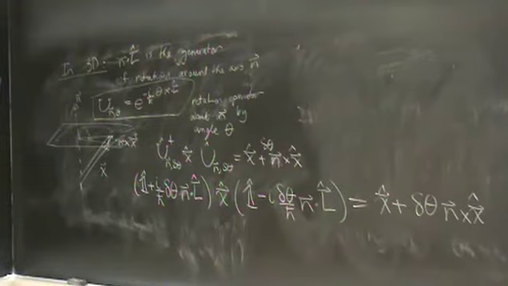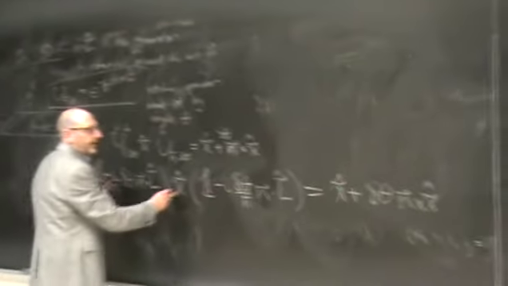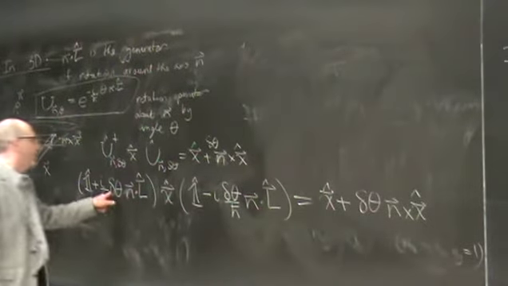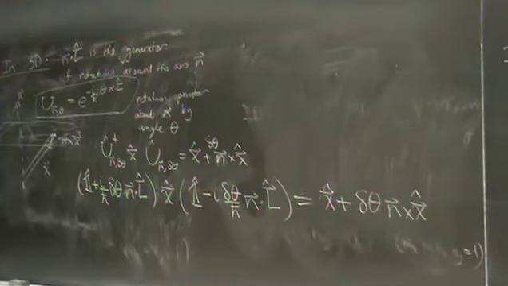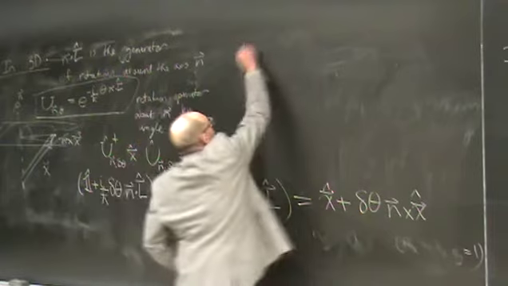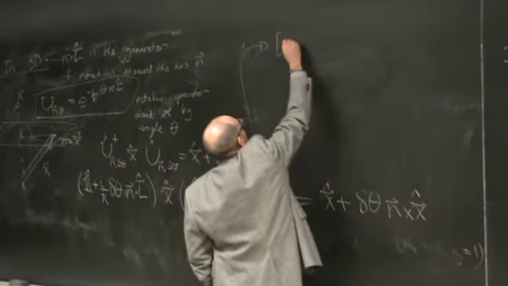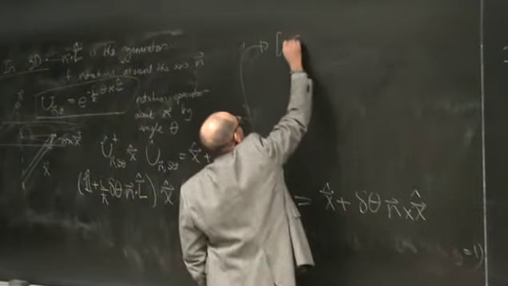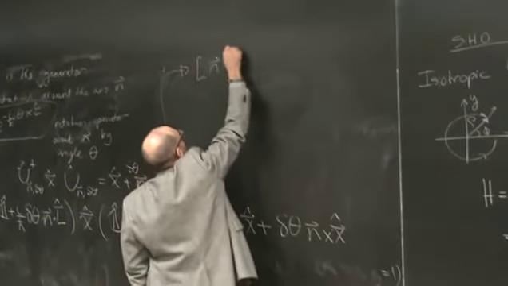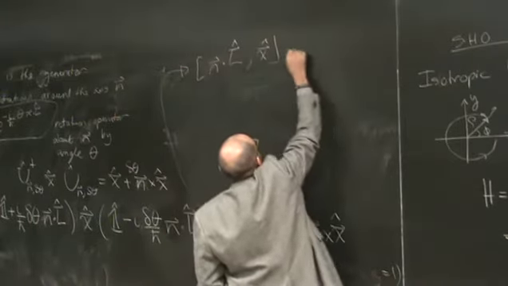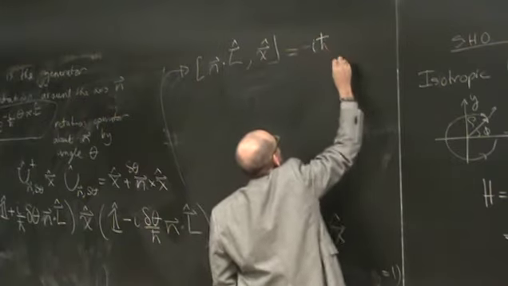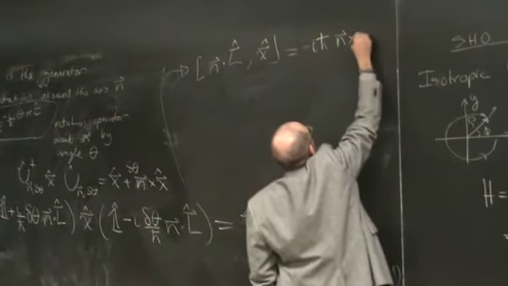All right? So now again, the identity part cancels the x. I keep the terms only to first order in delta phi, because I'm talking about an infinitesimal rotation. And I combine all the terms, and I get the following. The component of angular momentum along n, commuting with the position vector, is equal to minus i h bar n cross x hat.